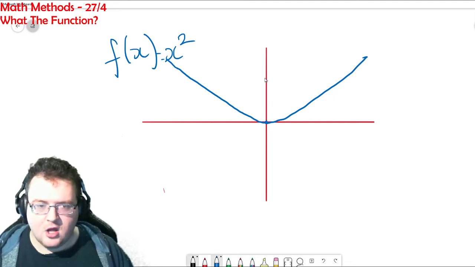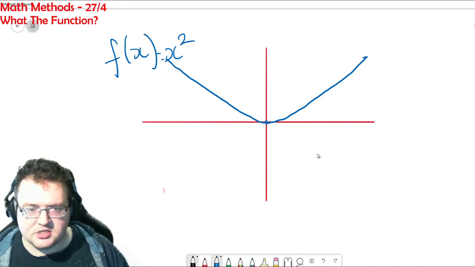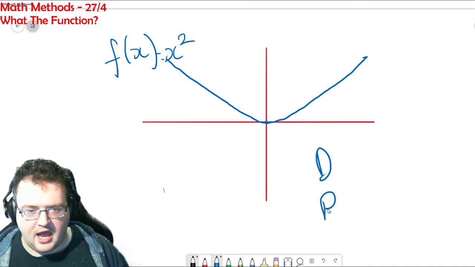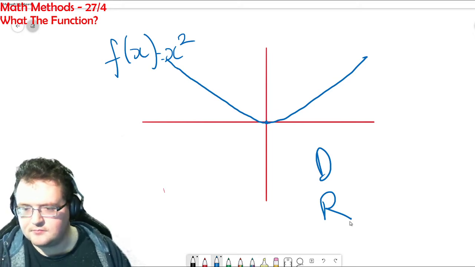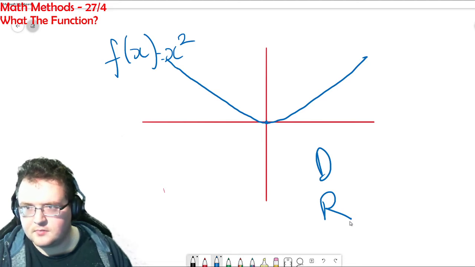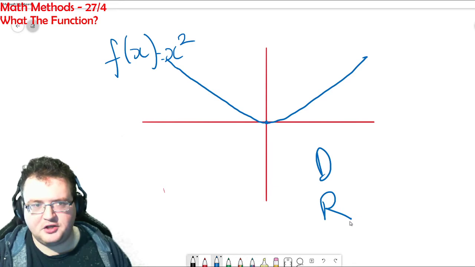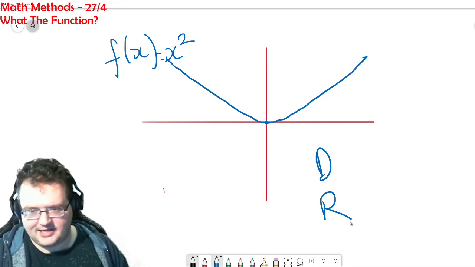What are all the possible values for the domain and for the range? What are all the possible values that the domain can be? All possible values of x.